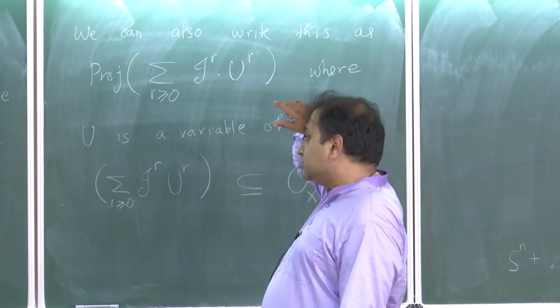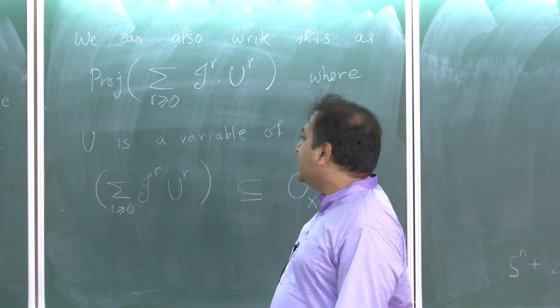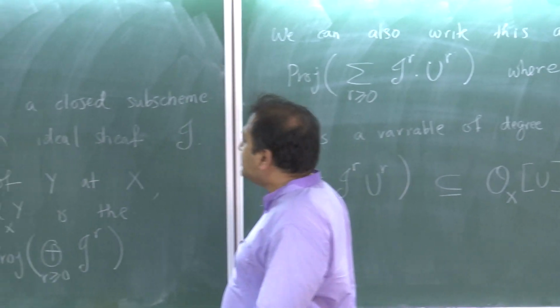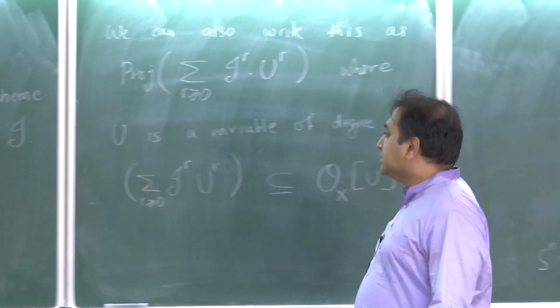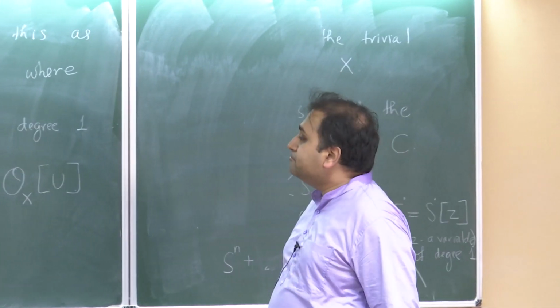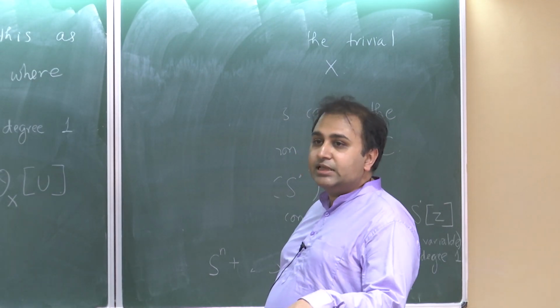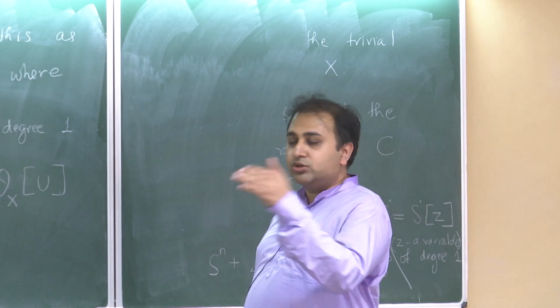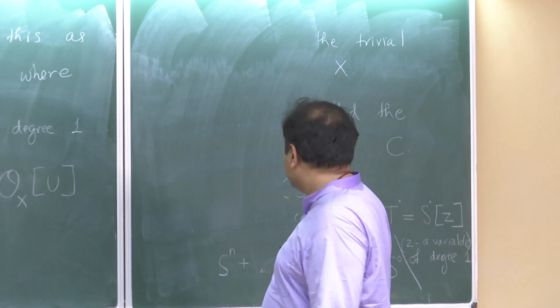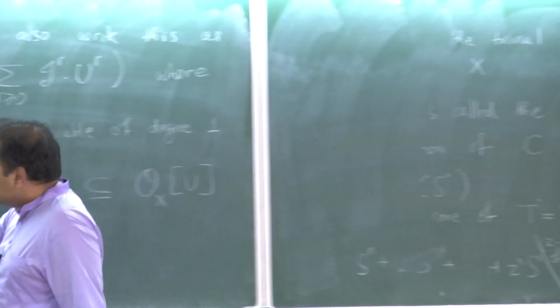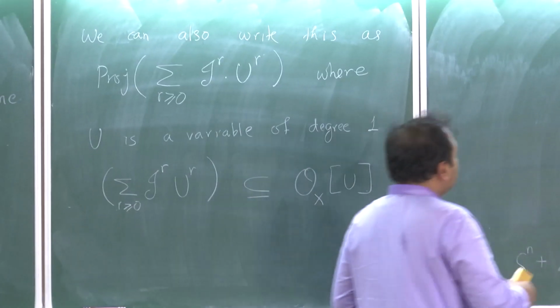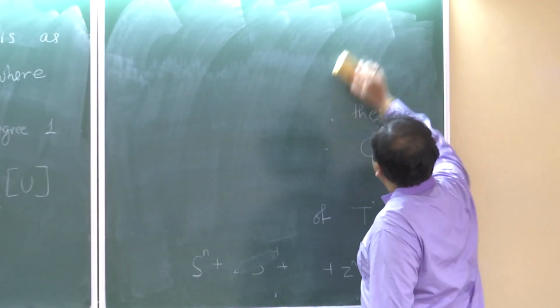So the ideal I basically becomes an invertible sheaf when you go upstairs, and also there is a universal property that anything else where this happens has to factor through the blow-up. I will assume that everyone knows this, and I don't want to spend time writing it out.